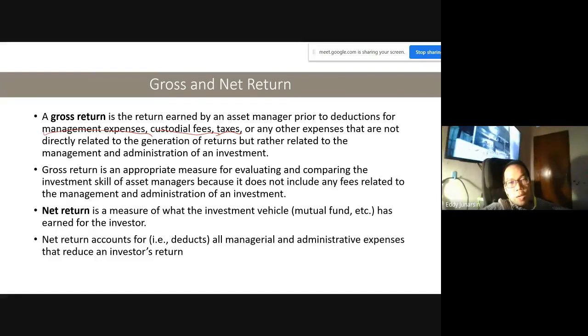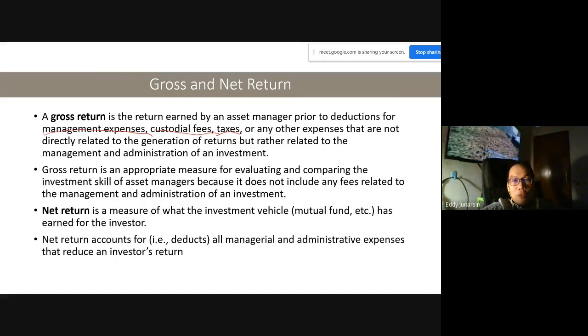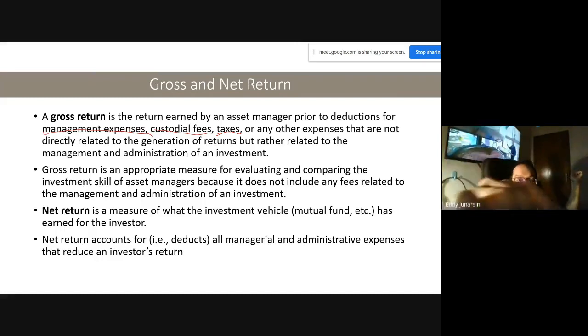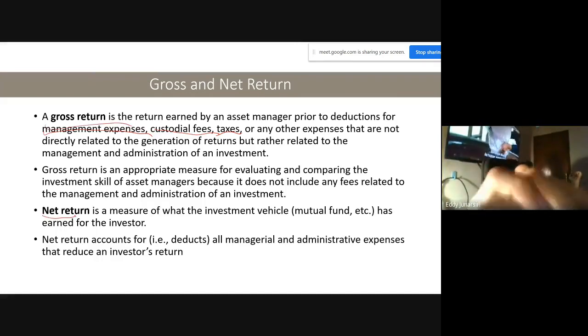When you sell, they will cut 0.27% because that includes the brokerage fee and also the capital gains tax. So it's a bit more expensive, but yes, you have to cut everything from the gross return, and you get the net return.